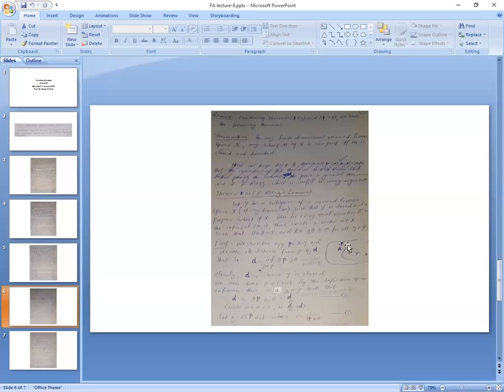You have many distances, and among them the smallest will be your distance. So by the definition of distance, d will be equal to the infimum taken over the norm of P minus y, where this y belongs to Y. Now you see d is a distance, so clearly this d is greater than 0.